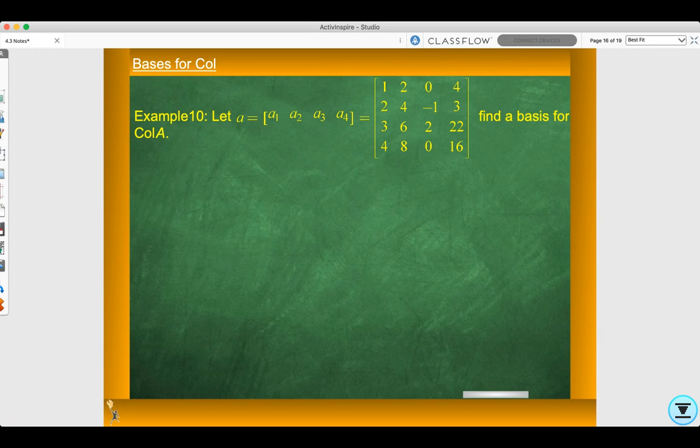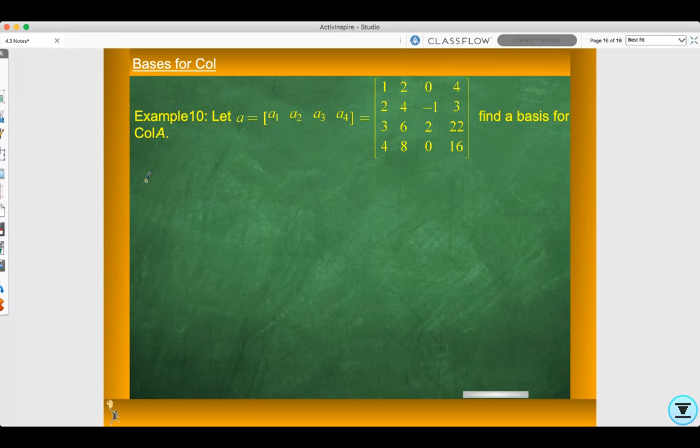So we're going to reduce these to see if we can prove that the span of A1, A2, A3, A4 equals the span of A1, A3 by getting it down to just 2 pivot columns.